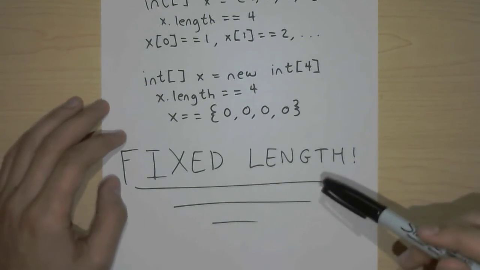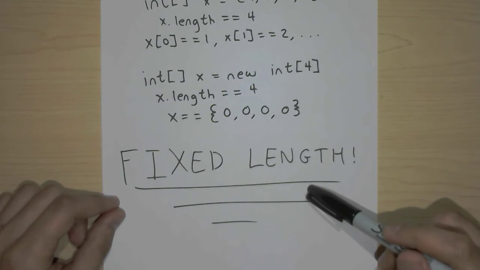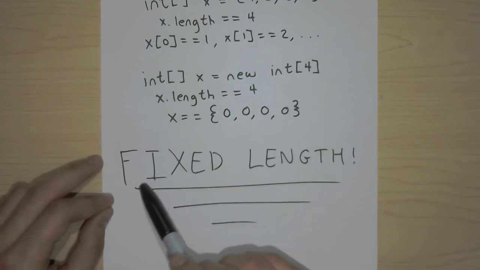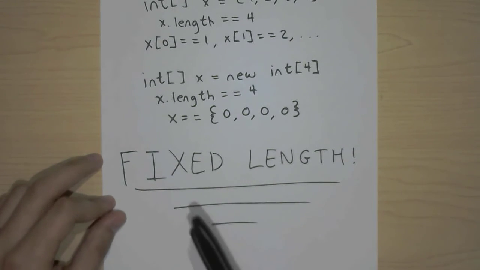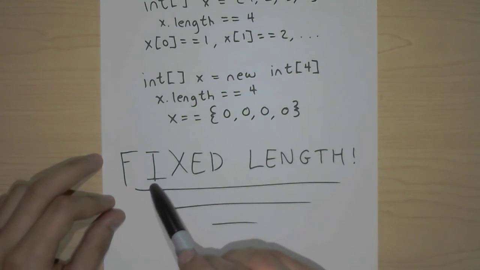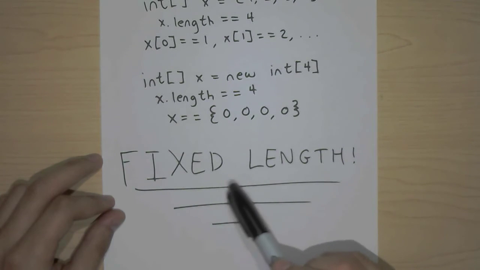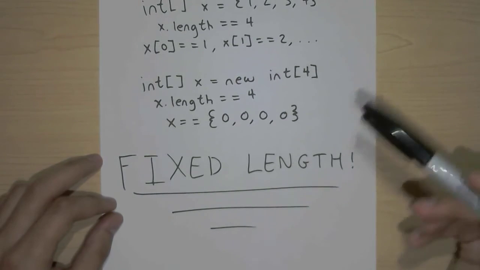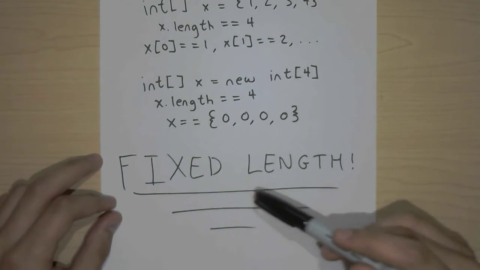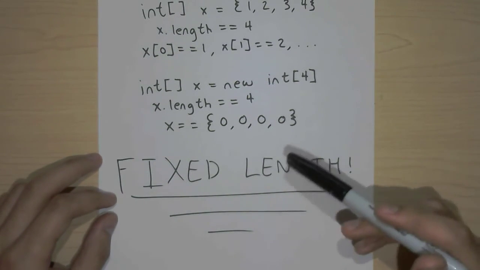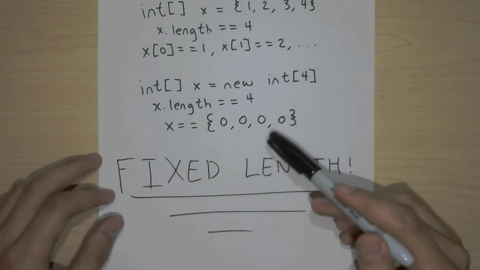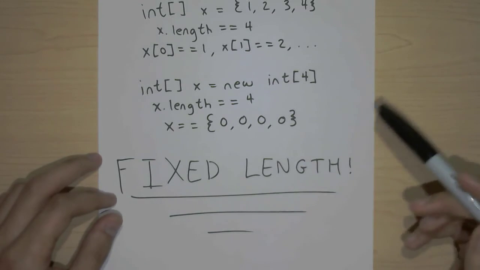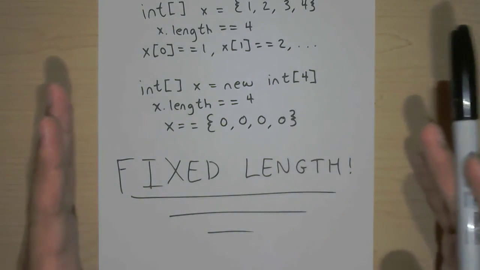Another restriction, remember how I said that arrays are like lists but have a few key differences? Another huge difference, and I cannot stress this enough, an array has a fixed length. It cannot change length unless you recreate the array in its entirety. For example, in Python, if we had a list called x, you could do x.append as many times as you want, and it would get progressively bigger and bigger.